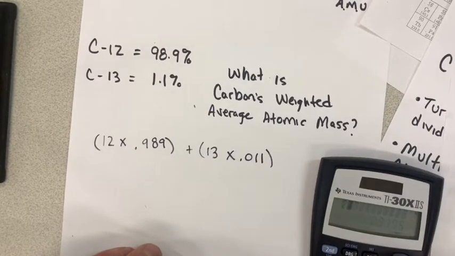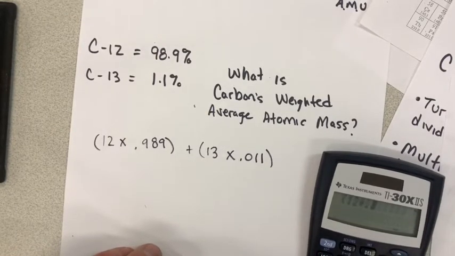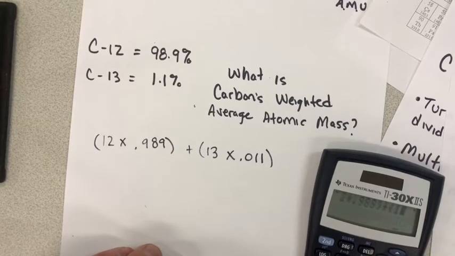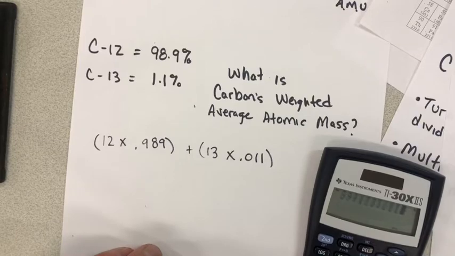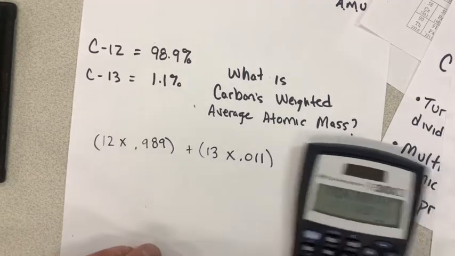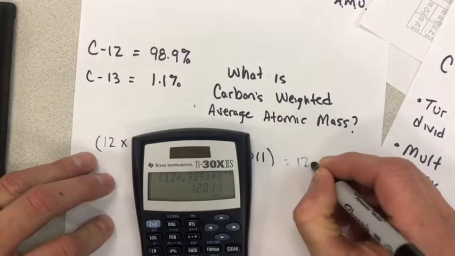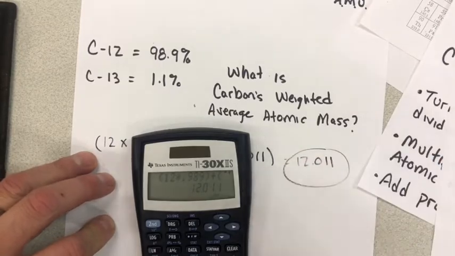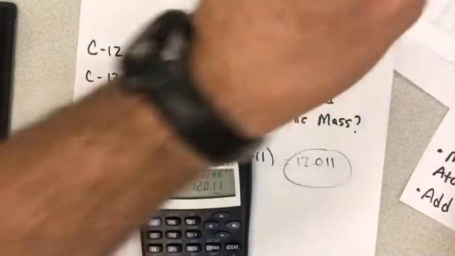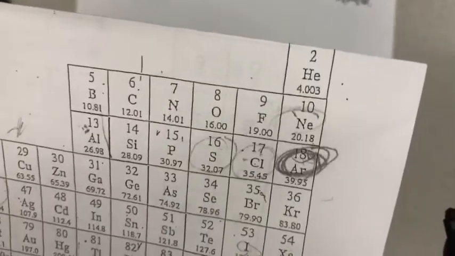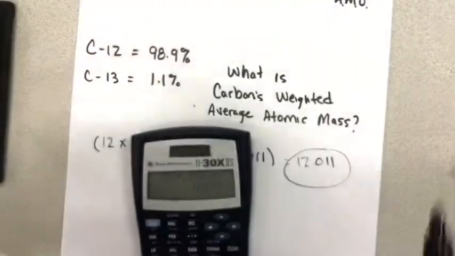Let's do 12 times 0.989 plus 13 times 0.011. And we're adding those terms together, and there's where our 12.011 comes from. Right, 12.011. And that's pretty darn close to what's on this table. 12.01, there it is for carbon. See it right there? So that's how that number is calculated.